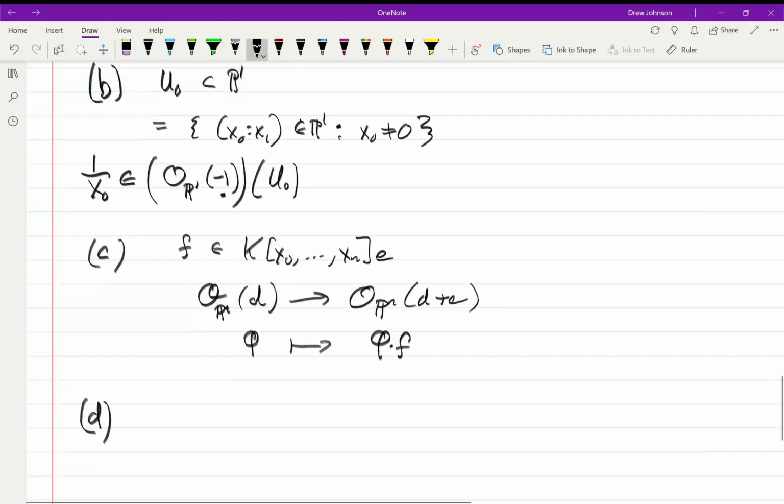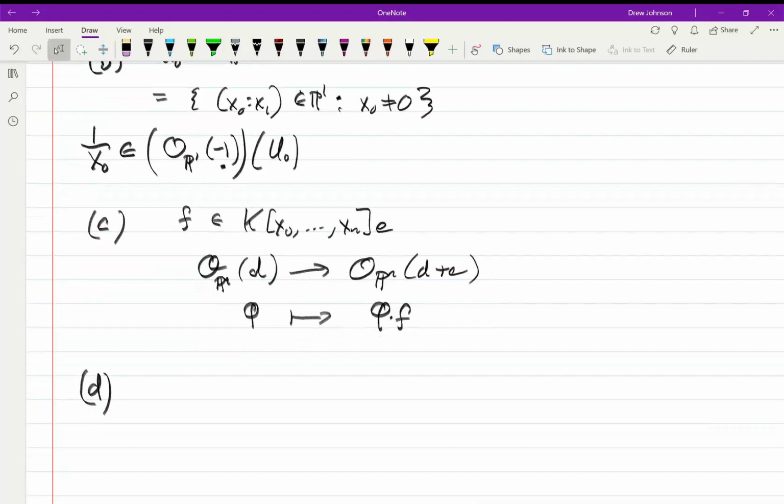Okay, interesting remark D. If we look at the structure sheaf and compare it to the twisting sheaf O(D) for D bigger than 0, we can see that these are not isomorphic. How?